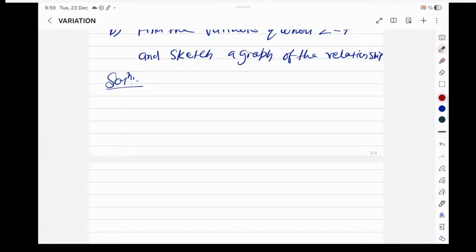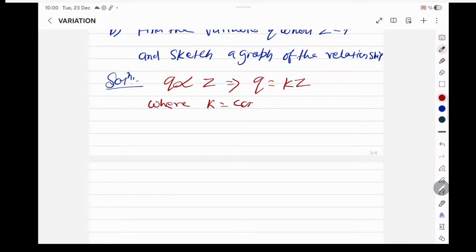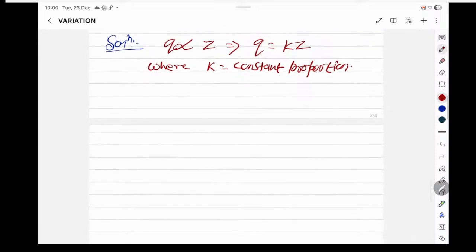So first of all, q is directly proportional to g, right? This implies q is equal to kg, where k is the constant of proportionality.